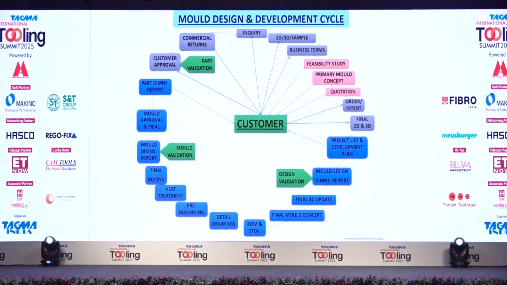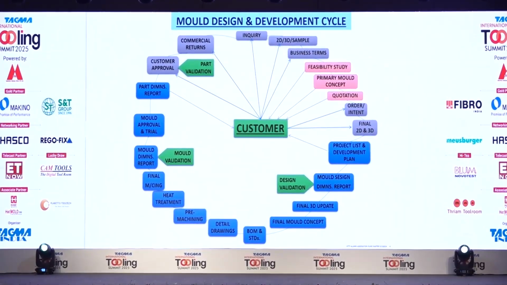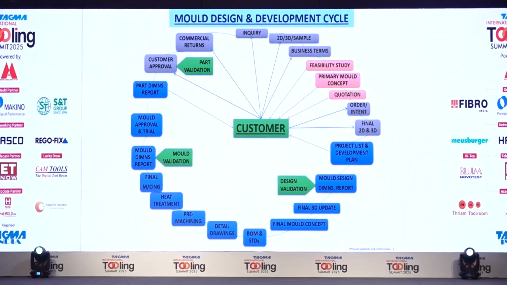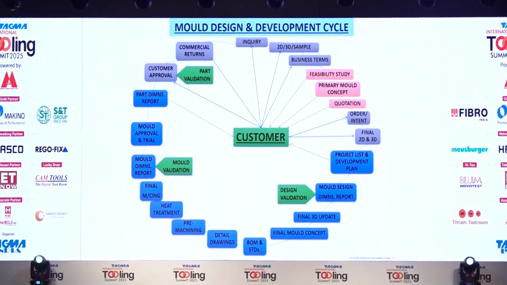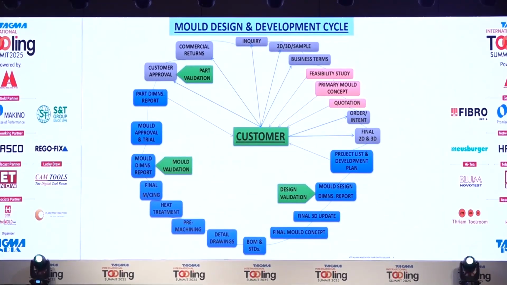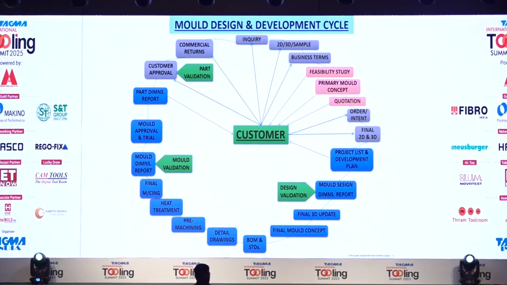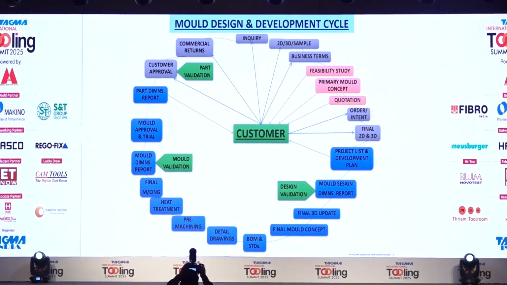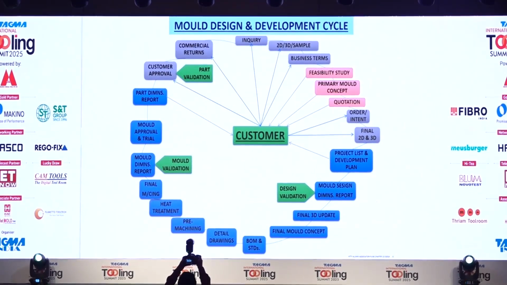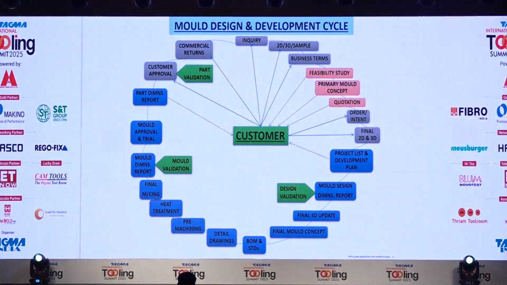This is in general the design and development cycle, where the part comes from the customer, and then it is to be given back to the customer. It comes into the molding shop or mold manufacturing or development shop in the form of digital input, but it goes out in physical format.